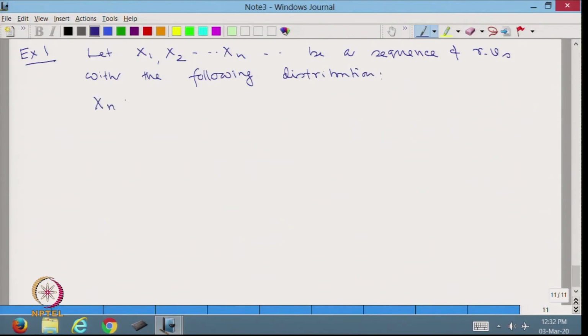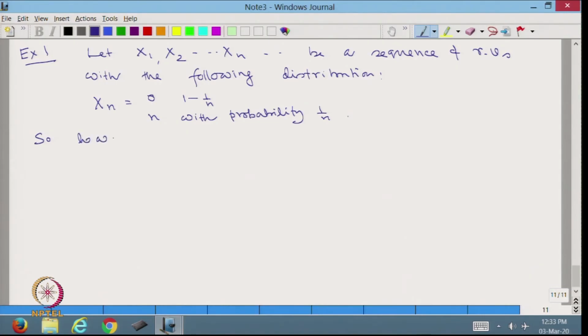Xn is equal to 0 with probability 1 minus 1 by n, and n with probability 1 by n.